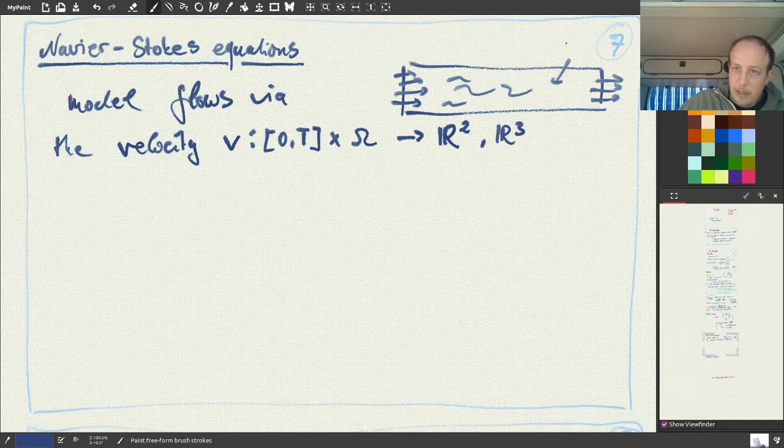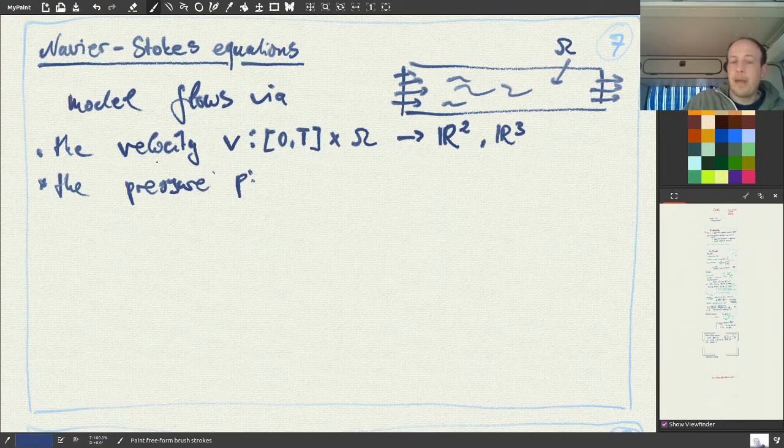Here that's the domain omega, and v describes the velocity of the flow that enters here, and so on, via the velocity and via the pressure. If you know how the pressure looks like, and if you know how the velocity looks like, then you know what the flow looks like.